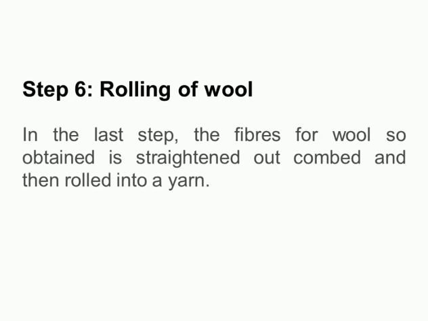When we twist them, their strength increases. So this process is also known as rolling of wool. We take the fibers, twist them and convert them into yarns. The yarns are then used to make fabric. And you already know the processes, which are weaving and knitting. These are the processes by which we can make the fabric.